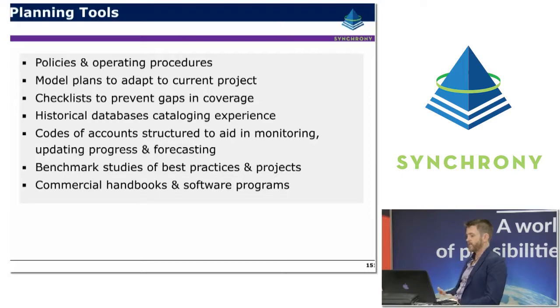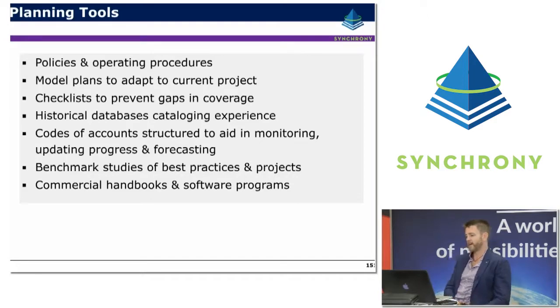Historical databases can be very handy. Codes of account structured to aid the monitoring, updating and forecasting. So if there's existing codes of account that might exist within the financial team, once again, having earned value in place really encourages that dialogue and helps get that alignment between the financial code of accounts, or at least understand the mapping between the financial code of accounts and the earned value, or the WBS breakdown system that tends to be used for performance reporting.